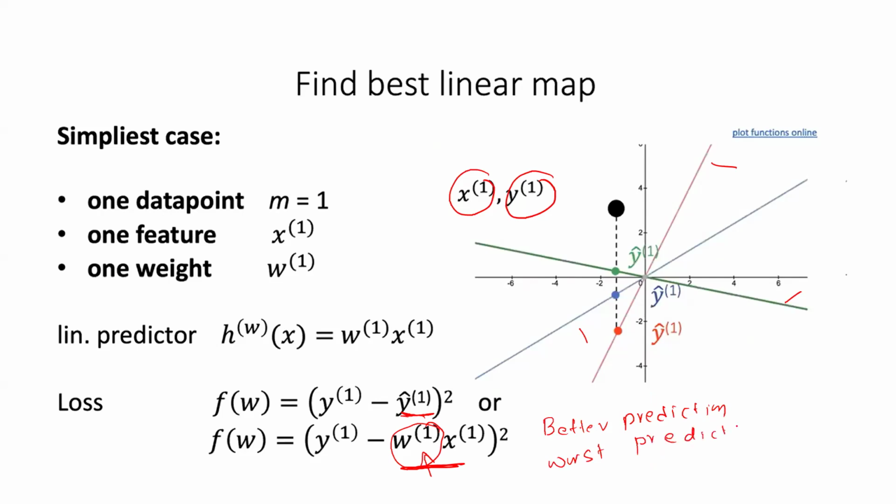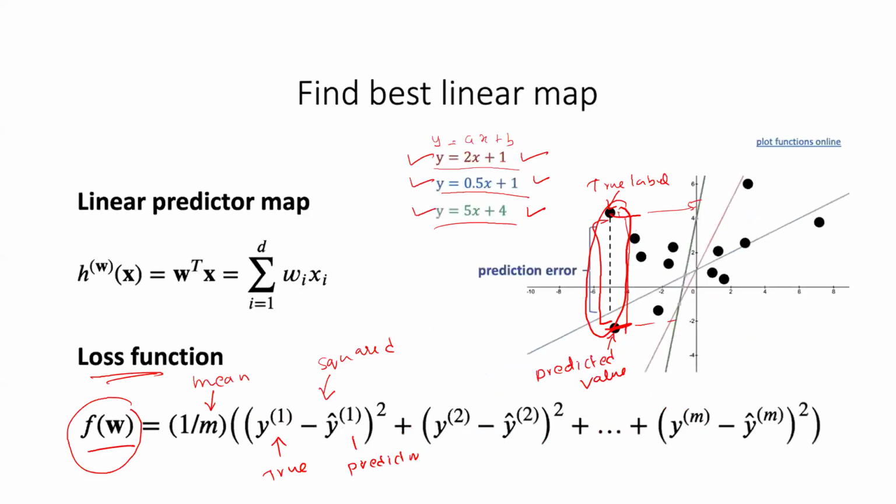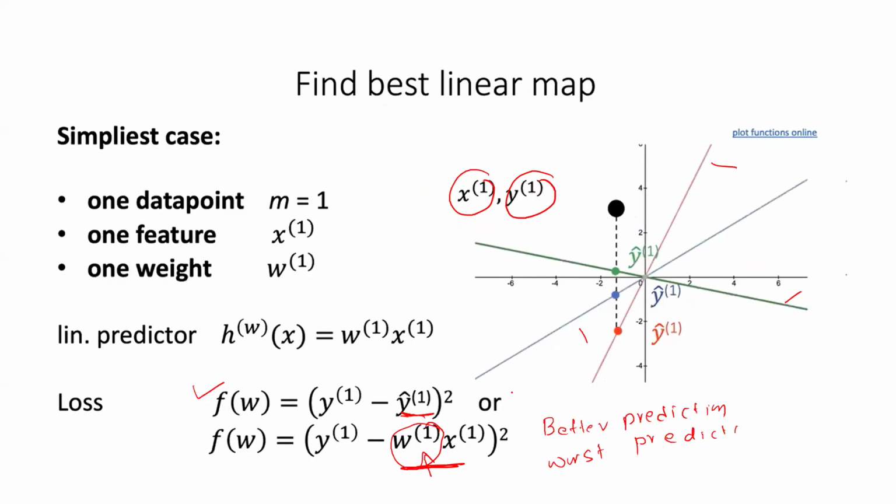This is our function f of w, which I showed in the previous slide. f of w, for a single prediction, is the difference of the true label minus the predicted label, whole square.